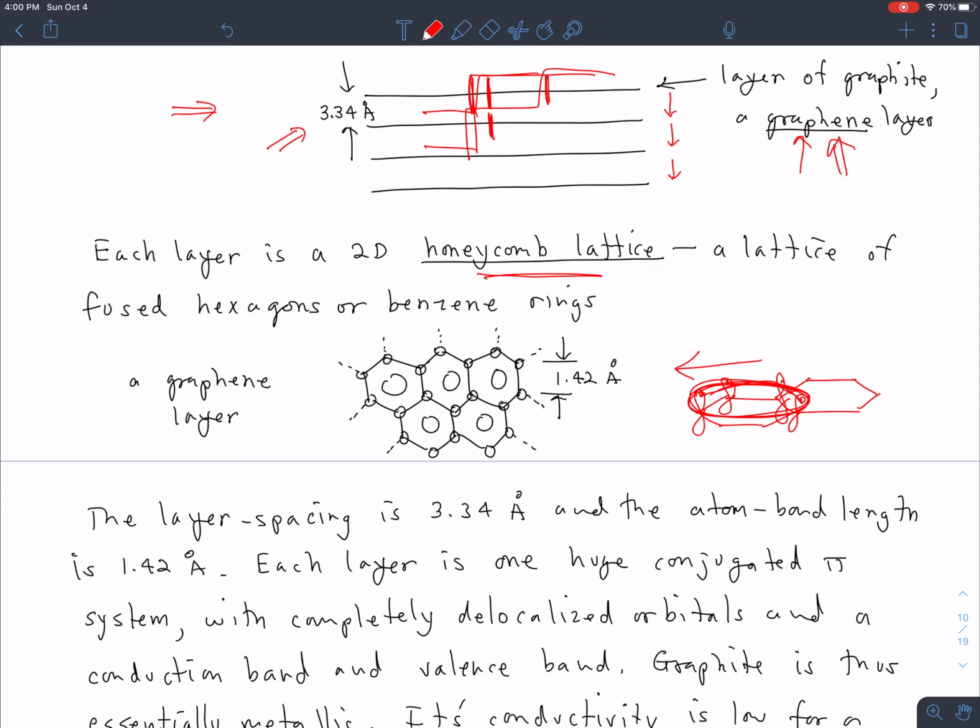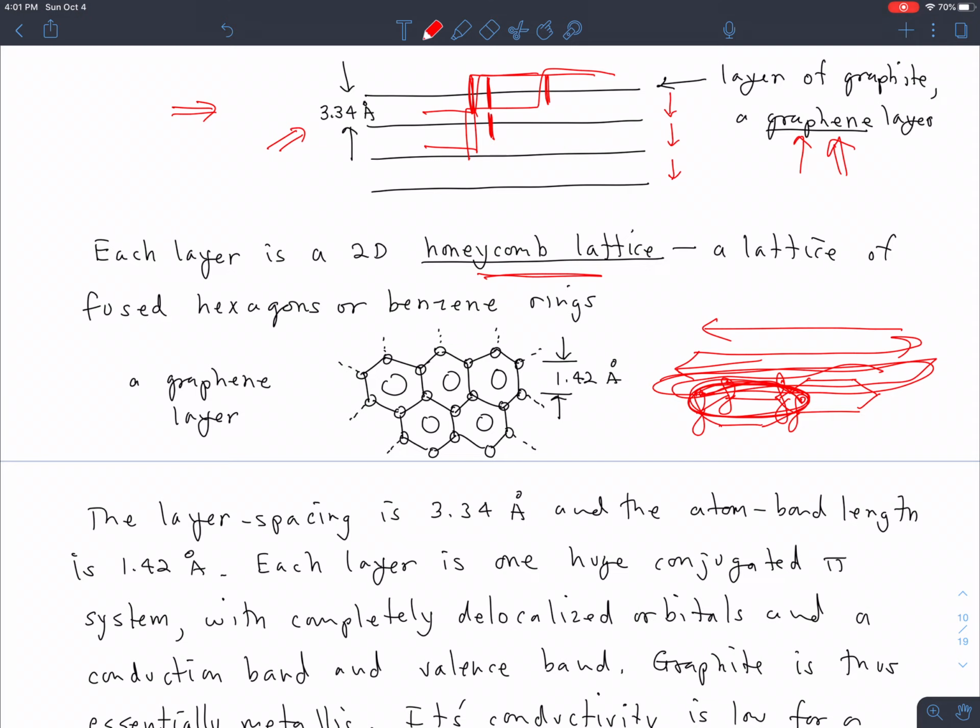But since all the benzene rings are fused, they form a giant pi system that extends over the entire graphene layer, over macroscopic distances. It's one big orbital that's macroscopic in size. And the electrons can move essentially without friction, or with very little friction anyway, in that whole giant orbital layer.